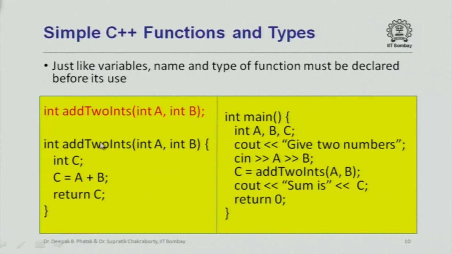But then I have to specify what this computational subtask must do, and that is what is specified. So when I say c is assigned add two ints a b, it's like an assignment statement. So I must get a value from the right hand side and store it in the left hand side. If the right hand side has to give me a value, it's just a computational subtask, so it has to return me a value.